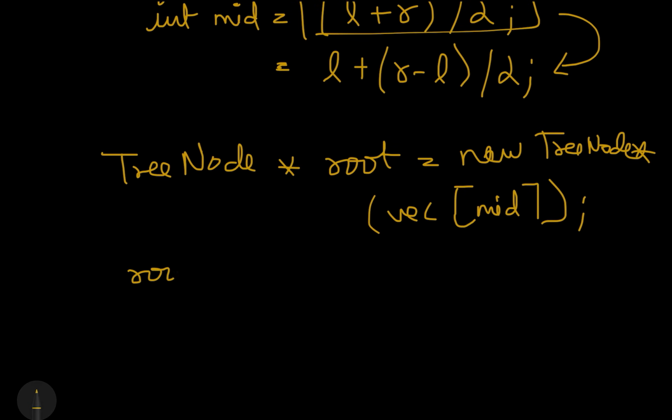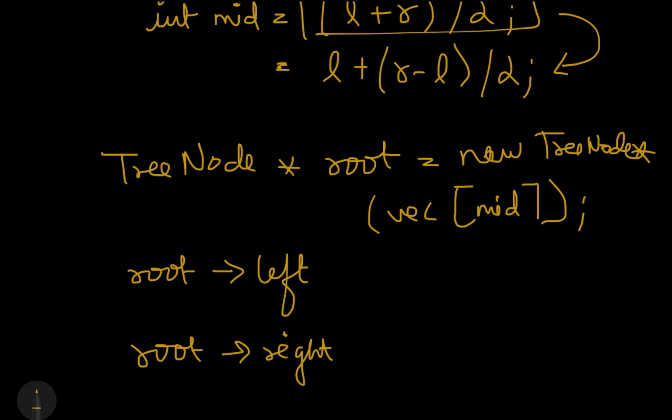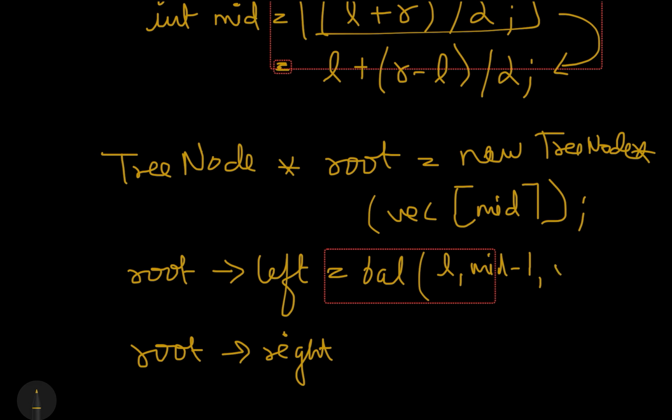Then we'll simply do the same thing for our left nodes and right nodes. That is, we'll call this function balance, and we'll send left, mid minus 1 and vector.